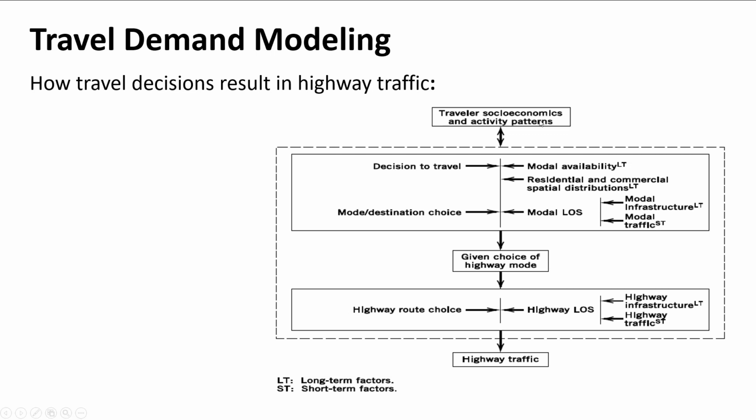So that's that piece, and the way this works is, you decide you're going to travel, and then you ask, what's available to me? My friend doesn't have a car, so right off the bat, mode choice is probably not going to be by personal vehicle. Then we look at the residential and commercial spatial distributions.